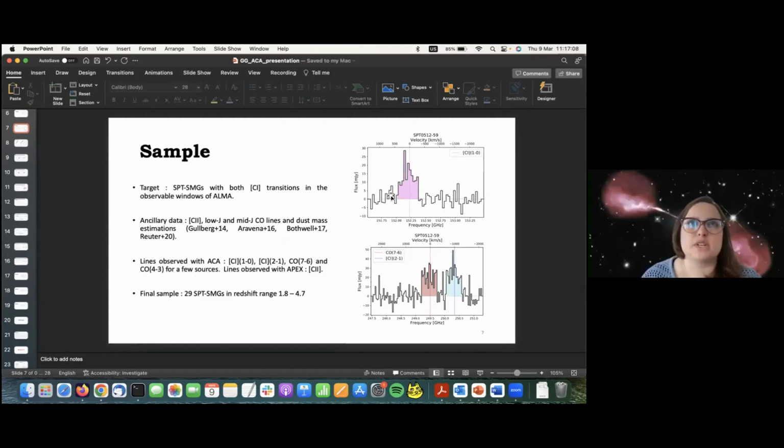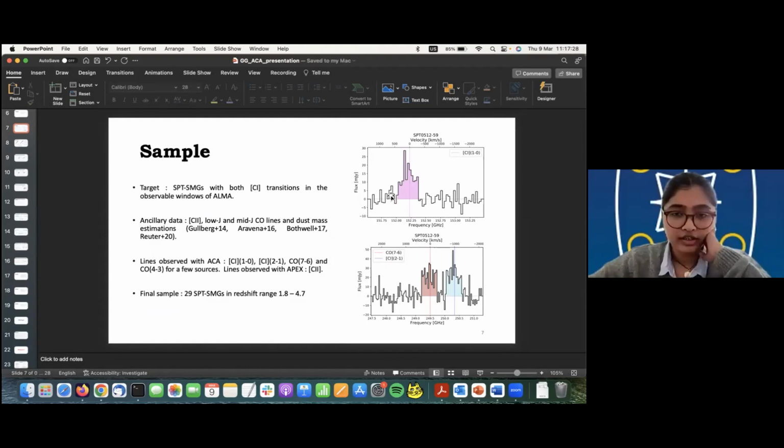My question was, I expect that when there is a merger, there is a burst of star formation or quenching or something. Did you see something strange with respect to the other, let's say, normal sources? I think with this sample we didn't really, it's quite shallow, the data, so we can't really get hints of it.